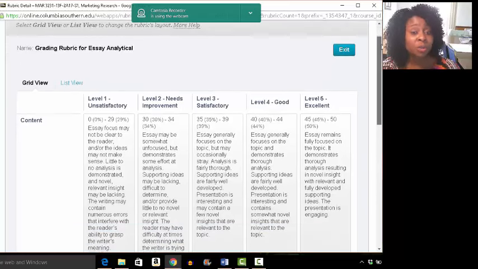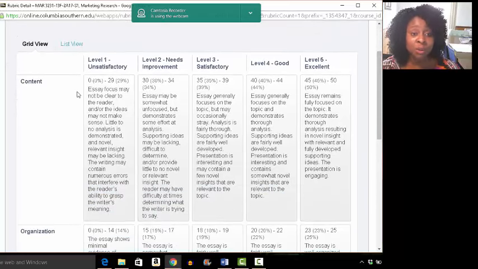For example, this particular rubric has a content critical element. In order to get the highest level points in your content, you have to make sure that you're fully focused on the topic, that you don't stray and talk about other stuff. You should be giving a thorough analysis, not just one word sentences, and you should have fully developed support for your discussions.